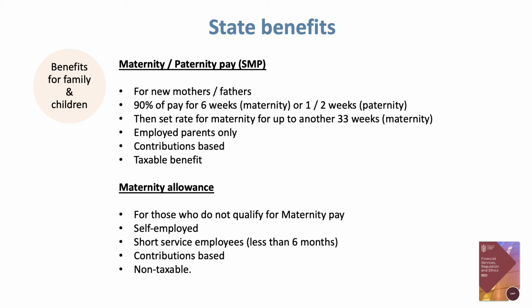So maternity and paternity pay is for new mothers and fathers, and it's designed essentially to allow time off in the first instance for the actual family to spend with a newborn. 90% of the pay, the wages, is paid for 6 weeks for maternity or 1 or 2 weeks for paternity, and then a set rate for maternity of up to another 33 weeks can be claimable. In other words, you originally have it linked to your wages for a set period of time, but then it drops to a set amount.